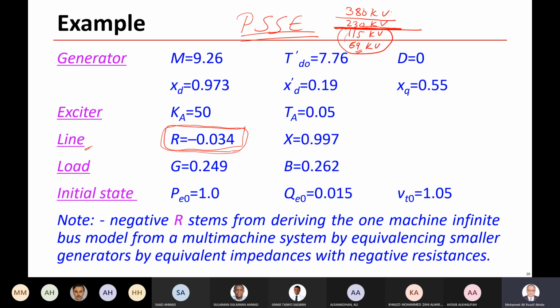You consider them as negative load, or you net them with the load, and you have an equivalent load for the generation and load. In this case, you may have this negative resistance for the transmission lines.